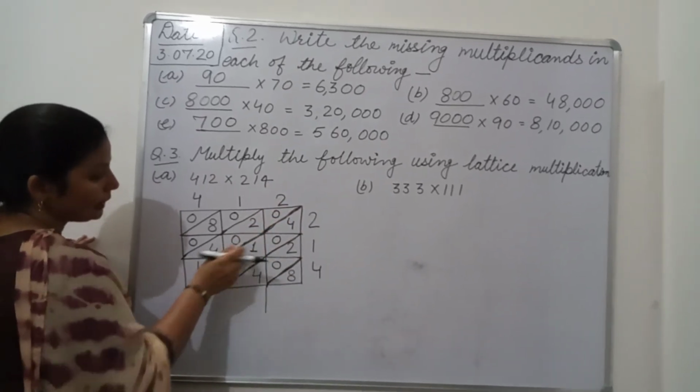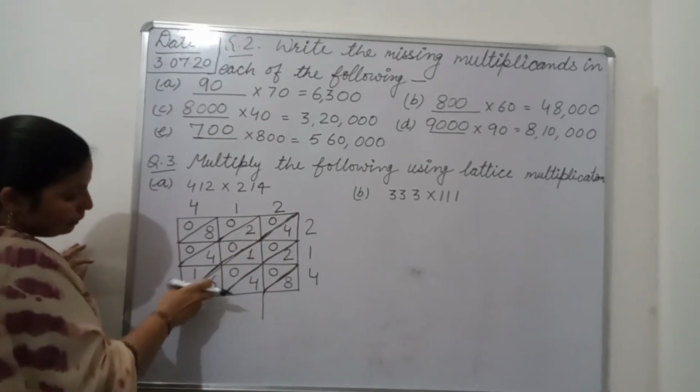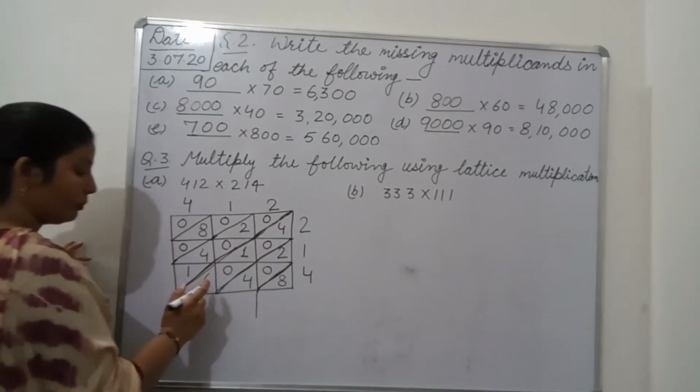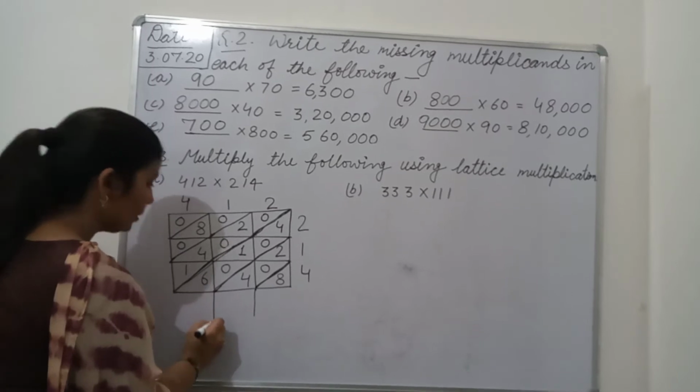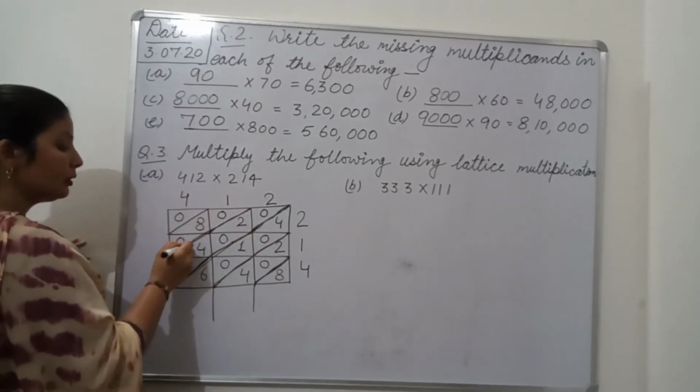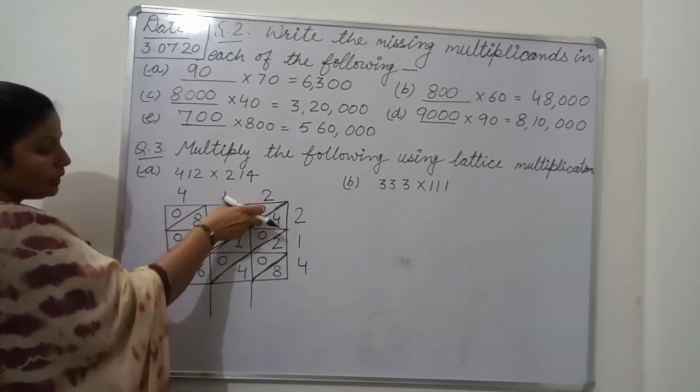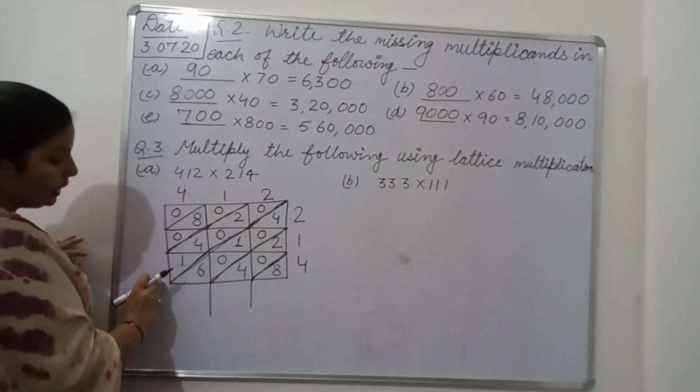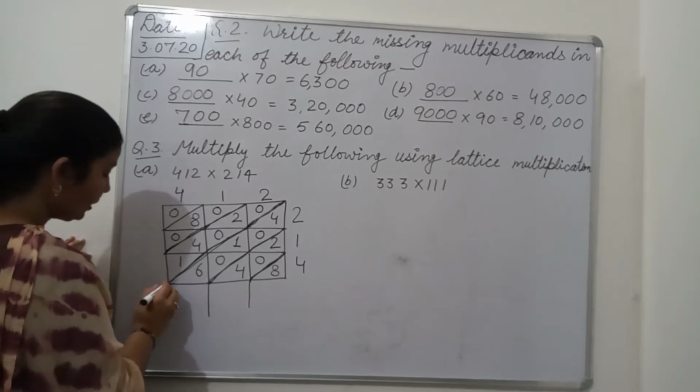In this diagonal, we add the numbers and write the sum here. Then the fourth diagonal is this. Between these two diagonals, we add the numbers and write the answer here.